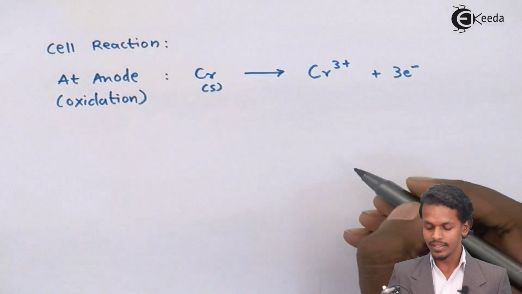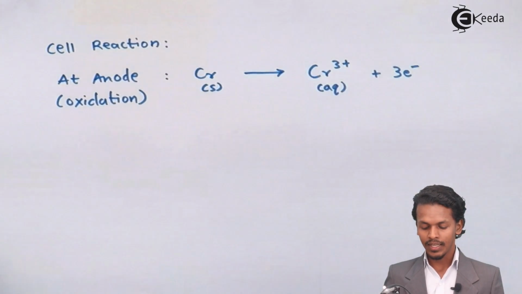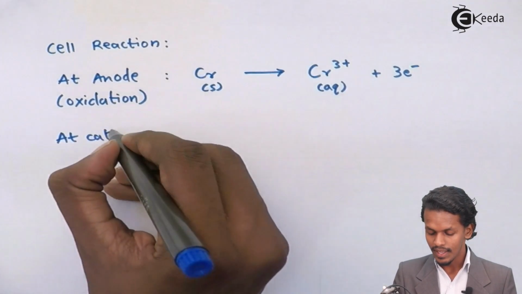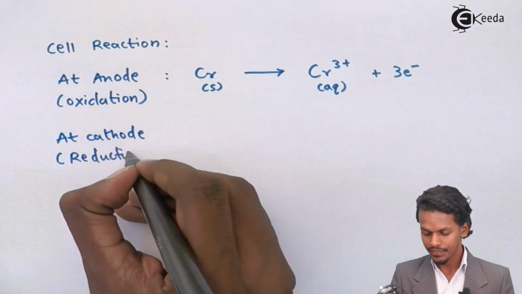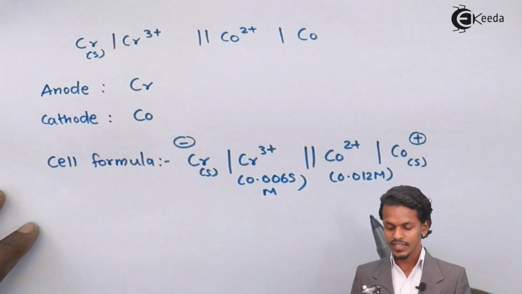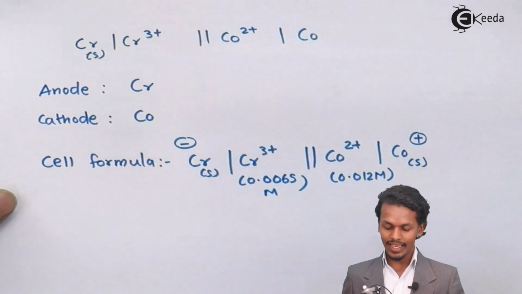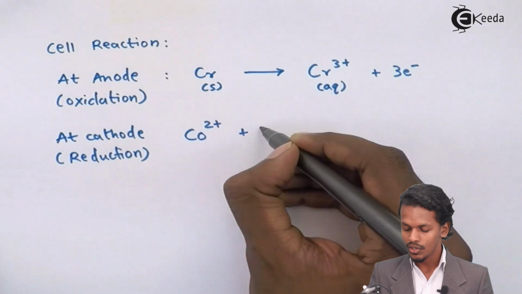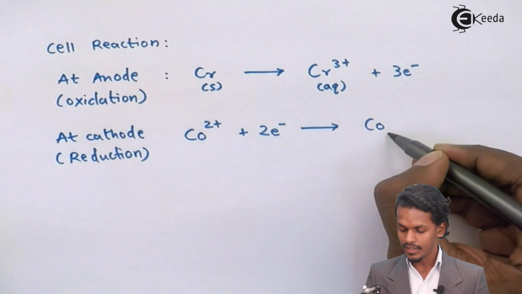We could also write the physical state of the matter in this case. Now let's talk about the other one, that is at the cathode. At the cathode, as you know, reduction takes place, and in this case Co2 plus is converted into Co. That means we could write this as Co2 plus accepts 2 electrons to form solid cobalt.